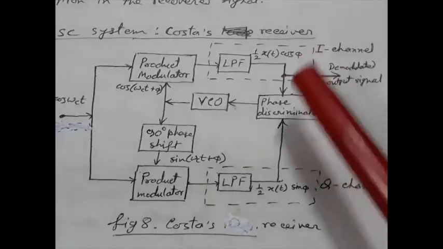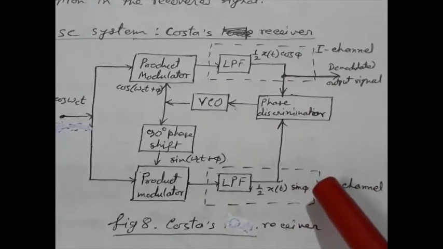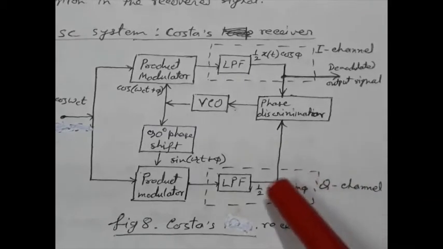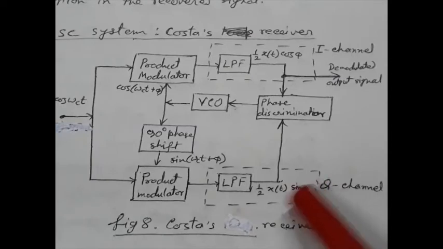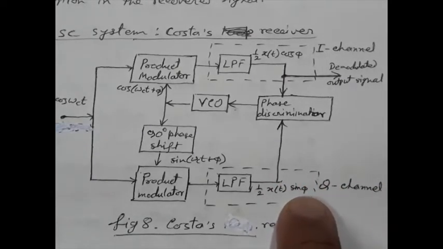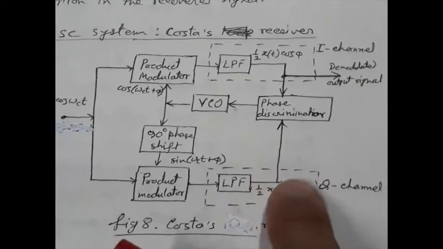But under this situation, since phi is equal to 0, there is no phase error. So sin phi is also equal to 0. Since sin phi equal to 0, the Q channel will give you 0. So this section will be 0 right now.